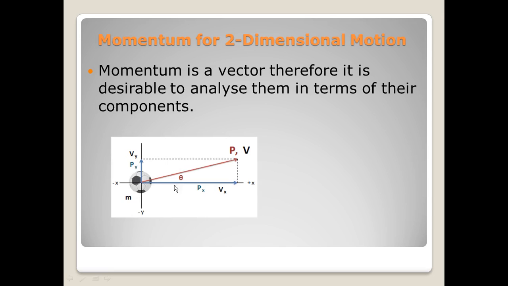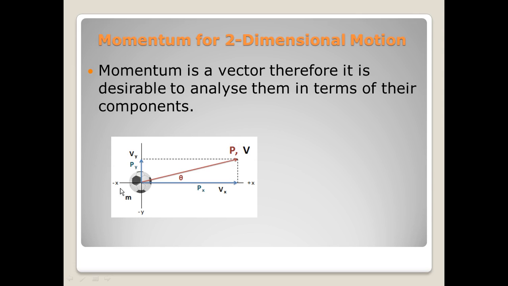Okay, so for example, you have a ball. For example, the ball was kicked in this given direction, indicated by its velocity. So, since velocity is a vector and momentum is a vector, the momentum and the velocity of the ball when it was projected at this angle have two projections, one in the x and one in the y, indicated here as v sub x and v sub y.